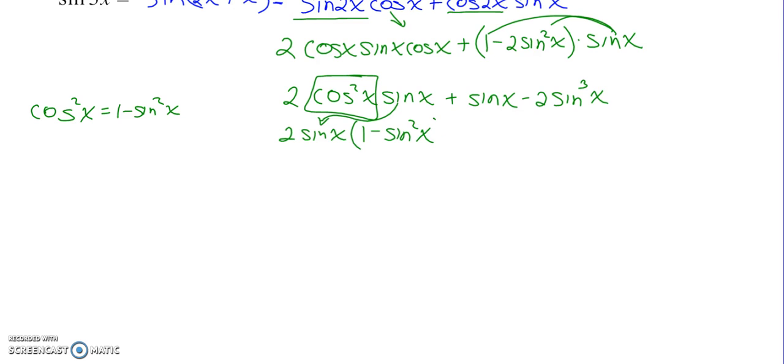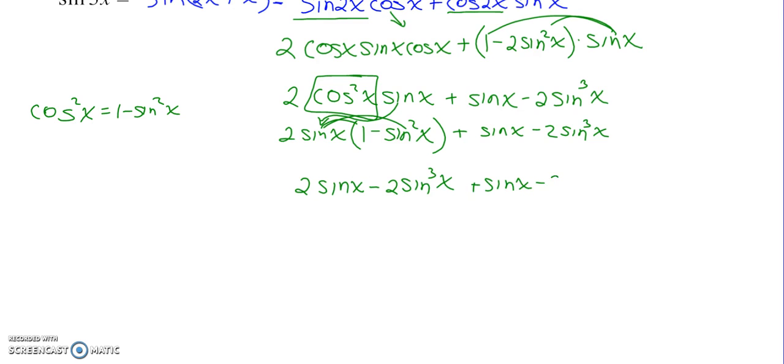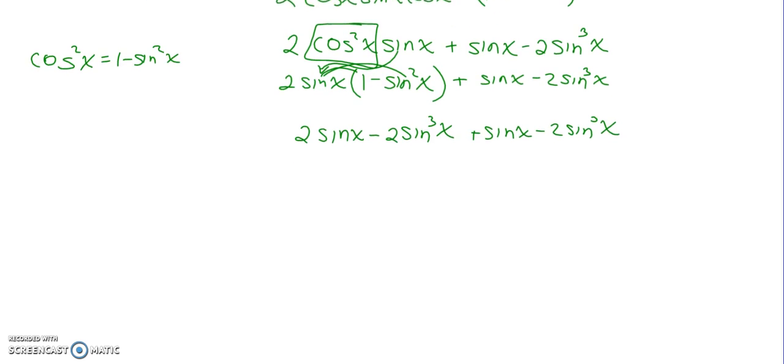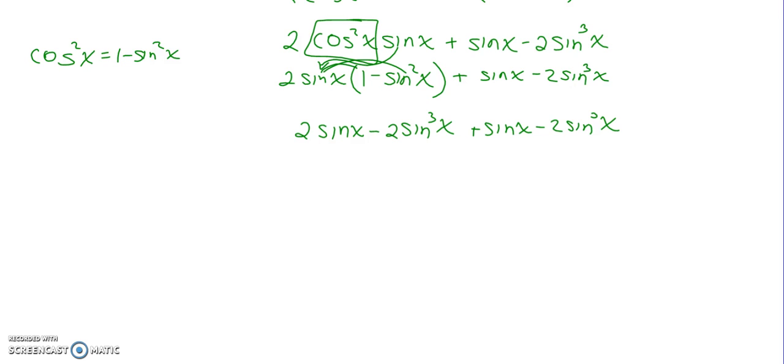The reason I'm doing this is because I'm going to see some like terms when I distribute this. So 2 sine x minus 2 sine cubed x plus sine x minus 2 sine cubed x. And we can now, in a much simpler fashion, call this 3 sine x minus 4 sine cubed x.